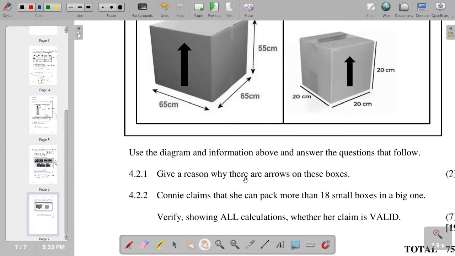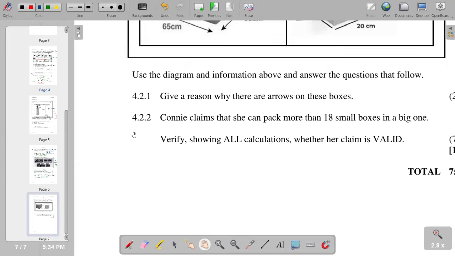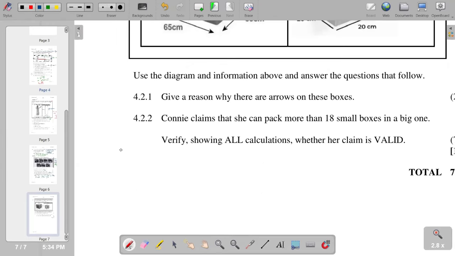The first question, give a reason why there are arrows on these boxes. We see that there are arrows that are pointing upwards. So the question is, why do we have those arrows? So these arrows, they give indication. You can just maybe try to put it on this part.